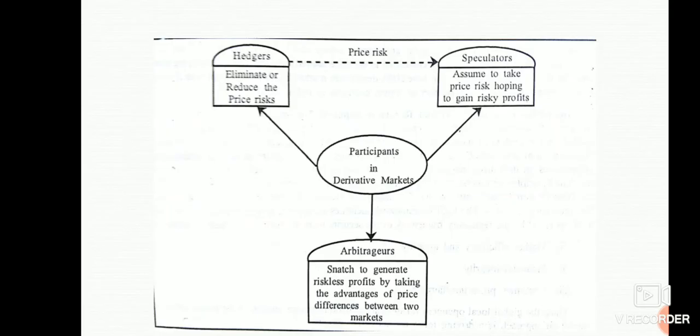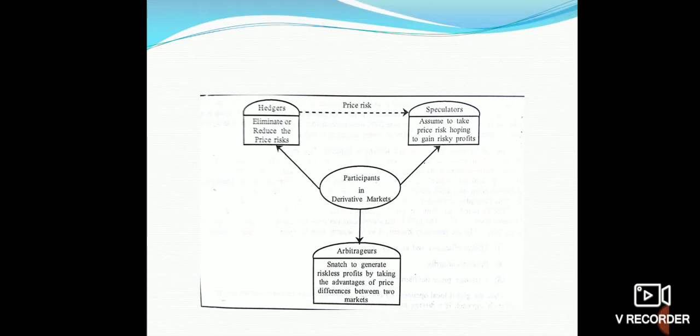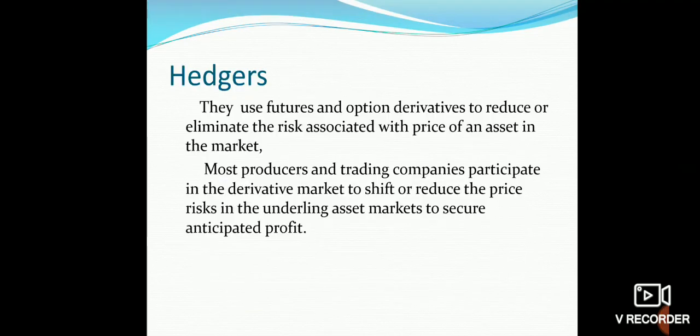Hedgers eliminate or reduce the price risk. Speculators assume the price risk, hoping to gain risky profits. Arbitrageurs seek to generate riskless profits by taking advantage of the price difference between two markets. Okay, so this is in brief regarding all these three types.